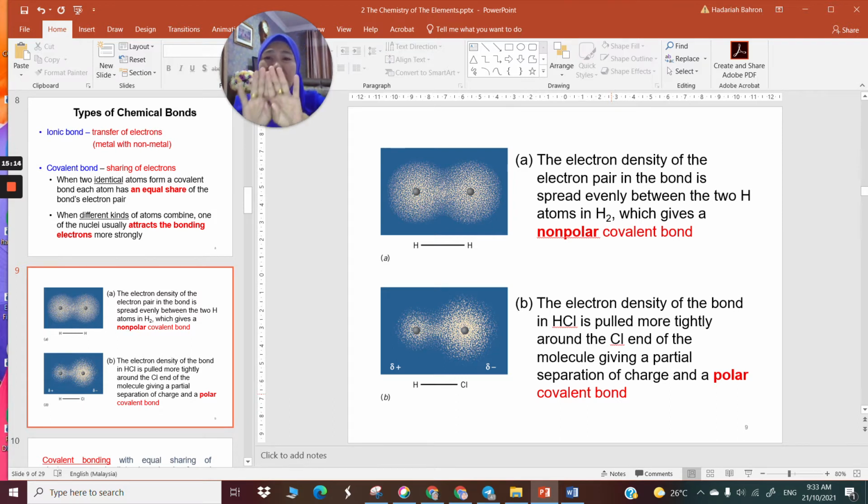So that bond becomes polar. There is a delta negative on the chlorine side, and there is a delta positive on the hydrogen side. So we say that the bond between hydrogen and chlorine is a polar bond, whereas the bond between hydrogen and hydrogen is a non-polar bond, because the bonded electrons are being shared equally between the two hydrogens.